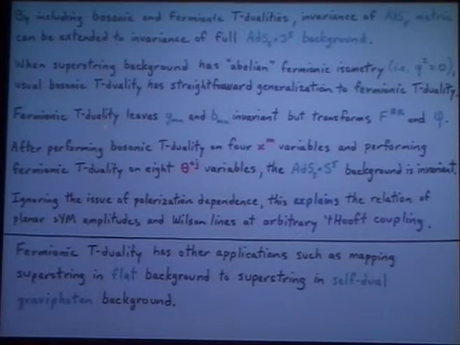So fermionic T-duality will turn out to leave the metric and the B field invariant, but it will transform the Ramond-Ramond field strength and the dilaton. And if you choose the bosonic and fermionic T-dualities in a certain way, so you choose the bosonic T-dualities in the same way as Alday and Maldacena did, you bosonize the 4 x variables of four-dimensional Minkowski space, and you choose 8 chiral theta variables, and you T-dualize those, you find that the complete background is invariant.